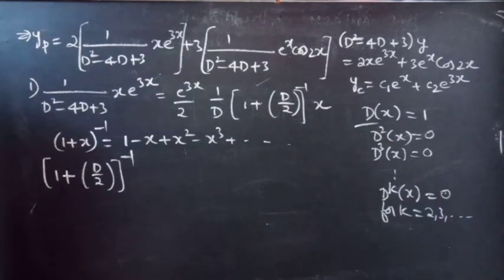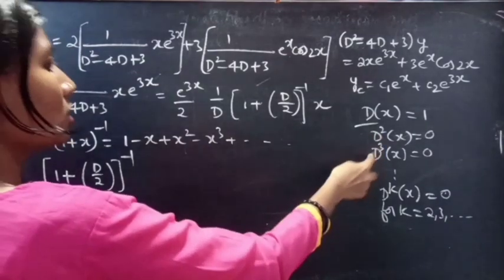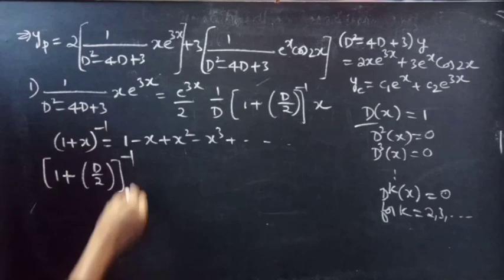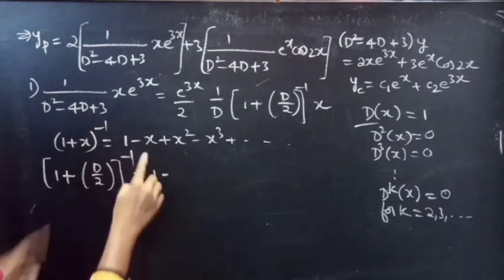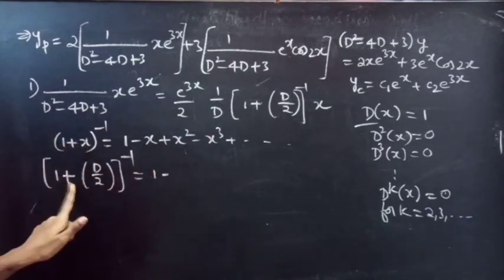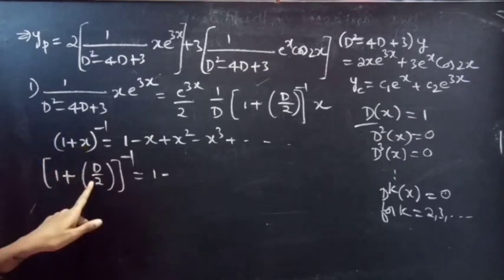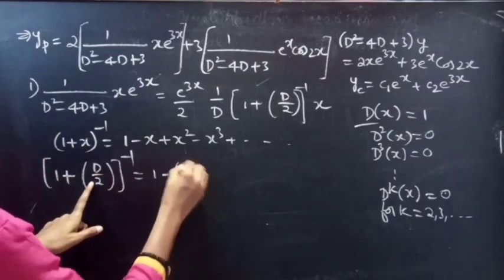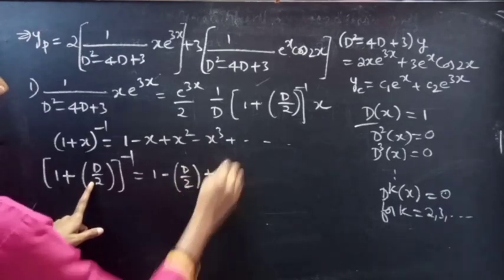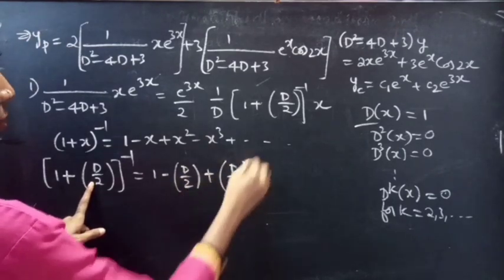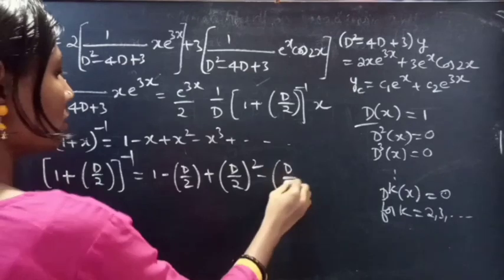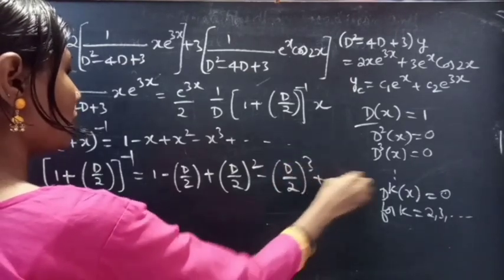We can neglect higher derivatives from D square, D cube, and so on, right? This is equal to 1 minus, just compare 1 plus D by 2 with 1 plus x, then for x equals D by 2, we'll get 1 minus D by 2 plus (D by 2) whole square minus (D by 2) whole cube plus so on, right?